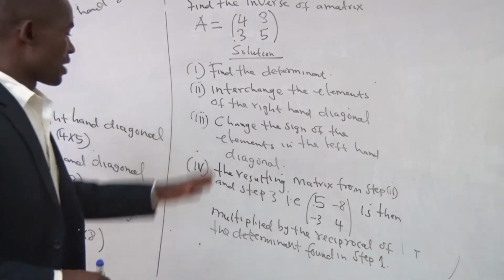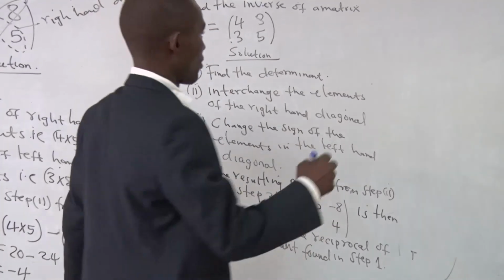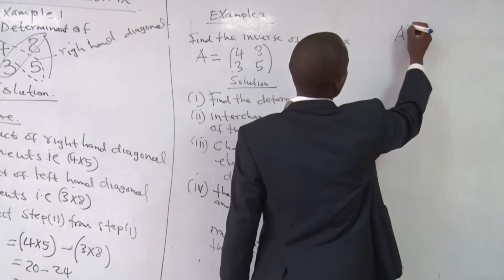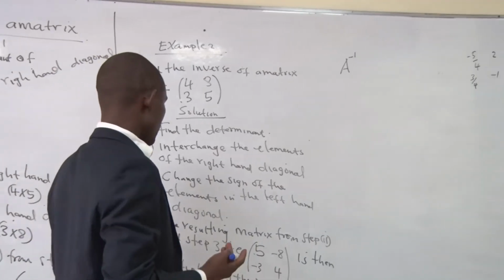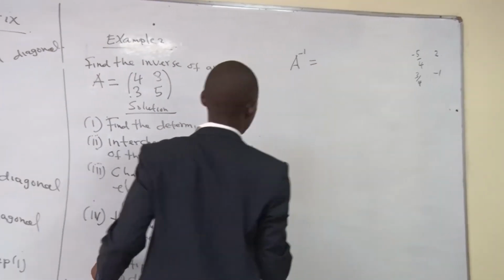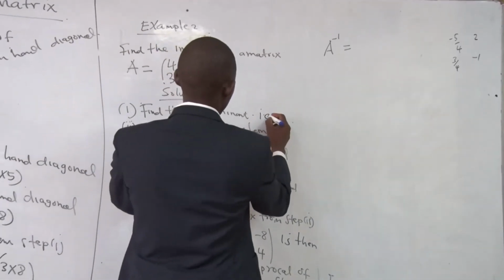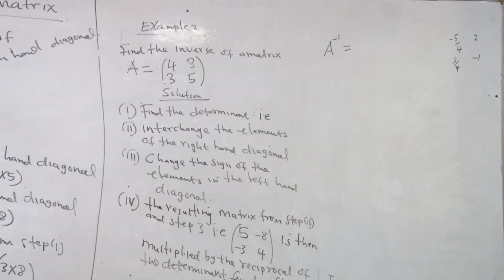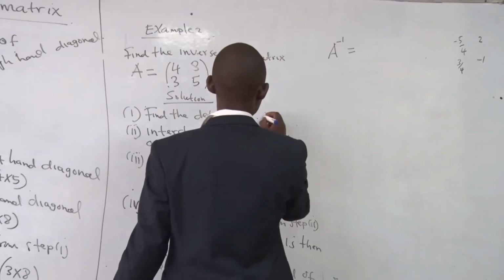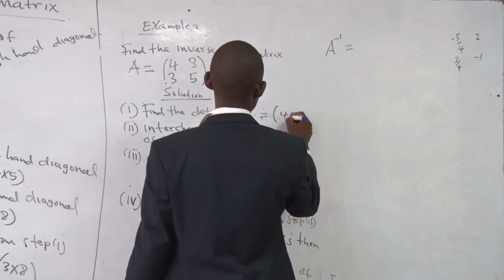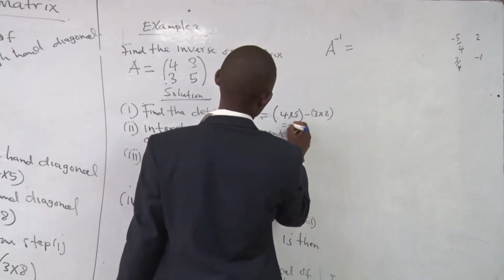After we have done this, we can now move to that step. Remember, the inverse is written in this form; sometimes you find a power of -1, which means the inverse. The inverse of A is given by taking the reciprocal of the determinant. The determinant was found by 4 times 5 minus 3 times 8, which was -4.